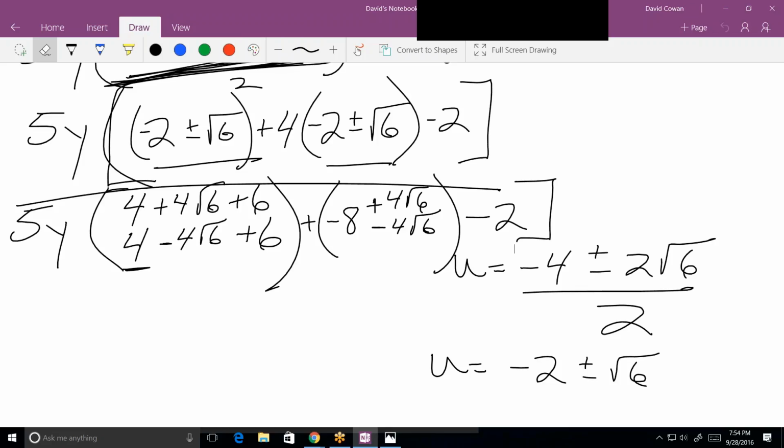Now, you will notice that I am going to end up with 4 solutions. 5y times that's one solution, 5y times that is another solution, and then that's a third solution, and that's a fourth solution. And they're all numbers.